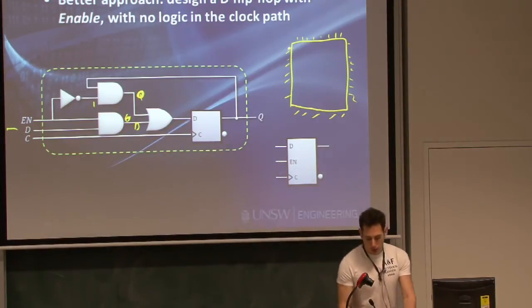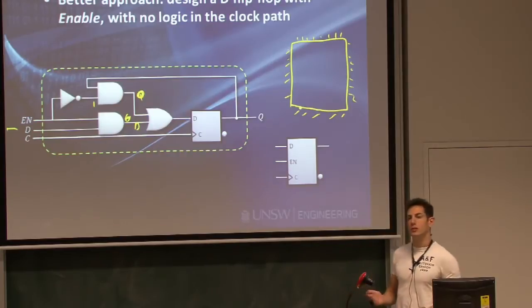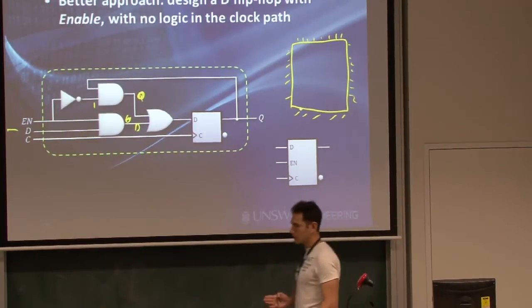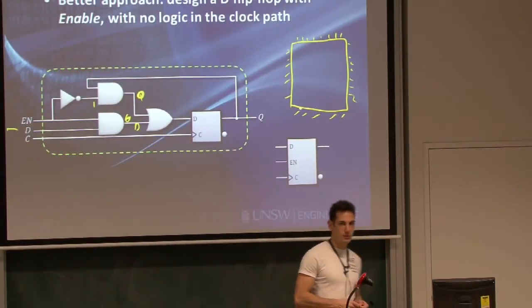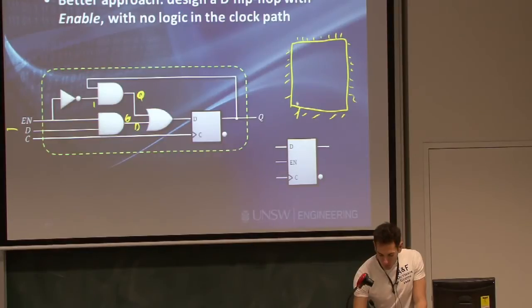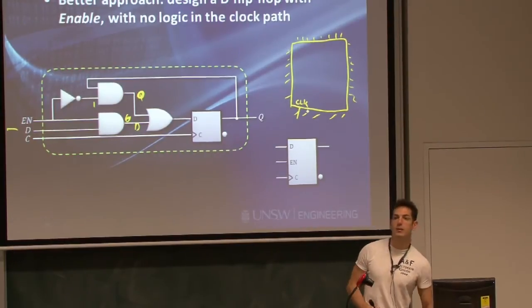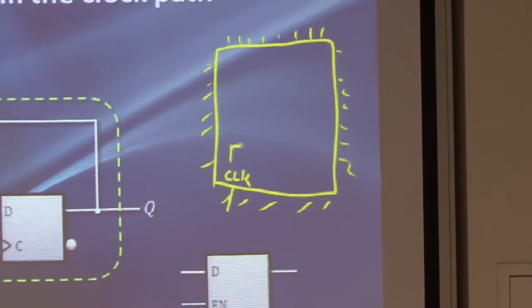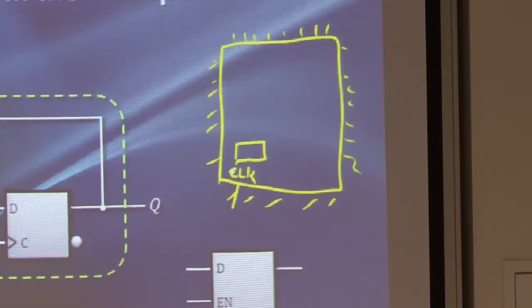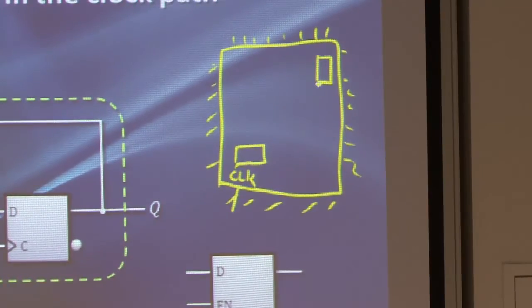Now, let's say the clock signal is usually a signal coming from an external oscillator, usually some crystal oscillator outside on your PCB, and we feed it into the clock input of the chip. If you had some flip-flops on this side of the chip, and then some other flip-flops on this side of the chip, then you can clearly see that the ones over here are much closer to our clock signal than the ones over there.